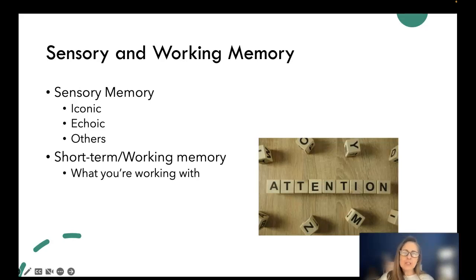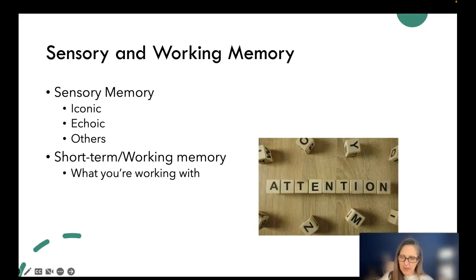Now, chances are many of you have had this experience before. Have you ever read, say, a page or a section in your psychology book, and then you got to the end of that page or the end of that section, and you can't remember a thing that you just read? If so, it's probably a matter of a breakdown here between sensory memory and working memory.